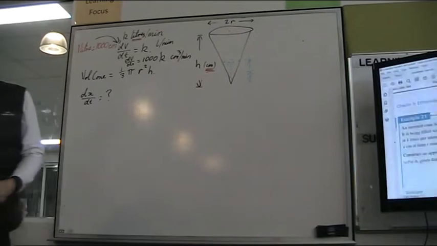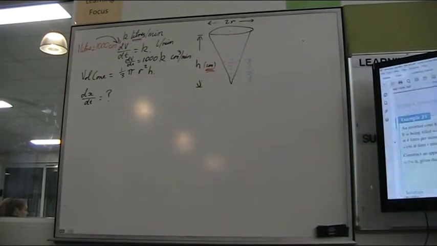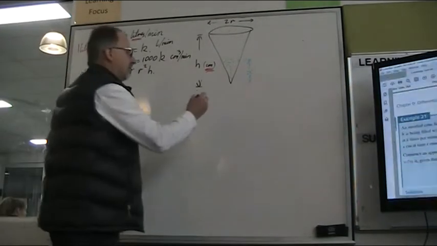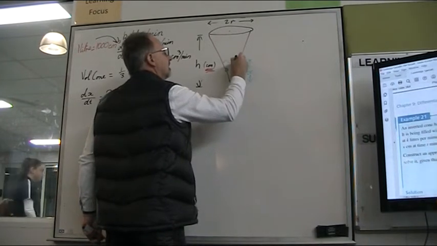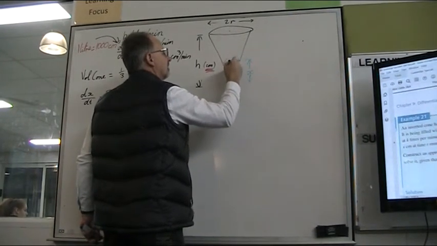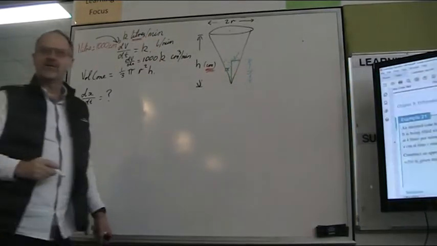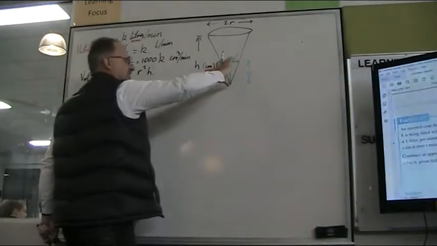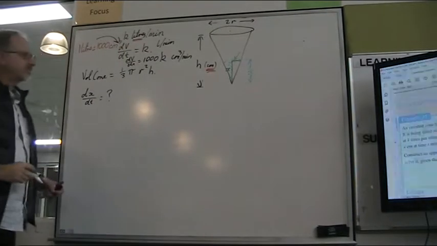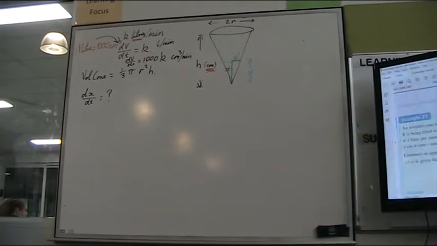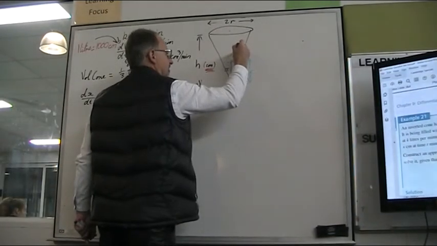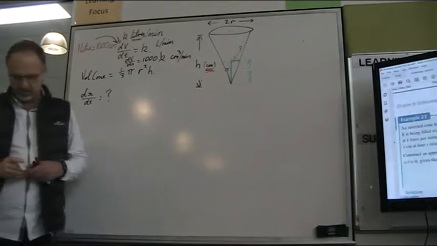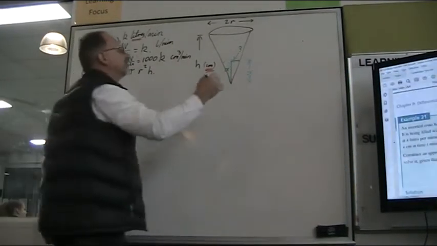Because radius is in there, we need to know what this radius is for this particular height x. We don't know what that is there. Call it y, if you like.